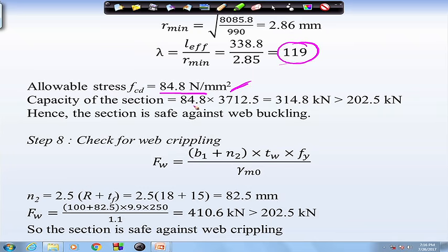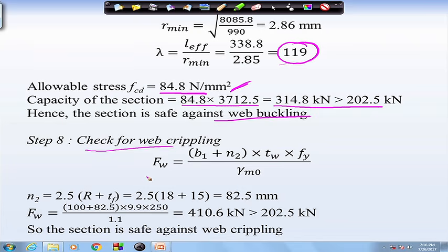And then the capacity of the section can be found from FCD into AB, and it is becoming more than the shear force coming on the support. So, the section is safe against web buckling, and then we will go for web crippling.